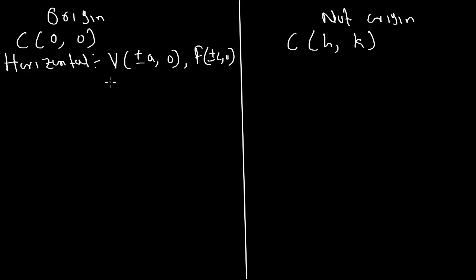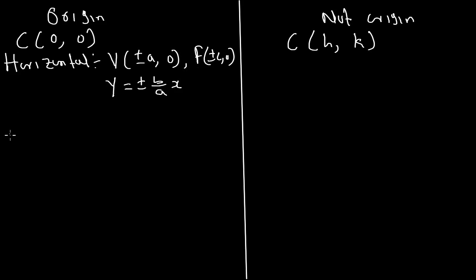The eccentricity remains unchanged, still c over a. The length of the latus rectum still remains unchanged, still 2b squared over a. But the equation of the asymptote is expressed as y equals plus or minus b over a x. Those are the three things that you need to pay more attention to.